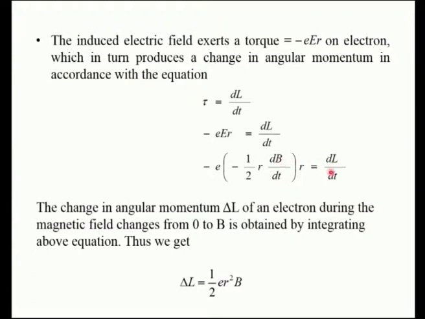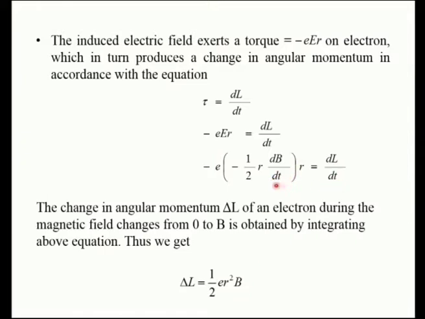So here, if you do that, then this dL after integration can be represented as change in angular momentum ΔL, and this can be seen to be equivalent to (1/2)eR²B after integration.